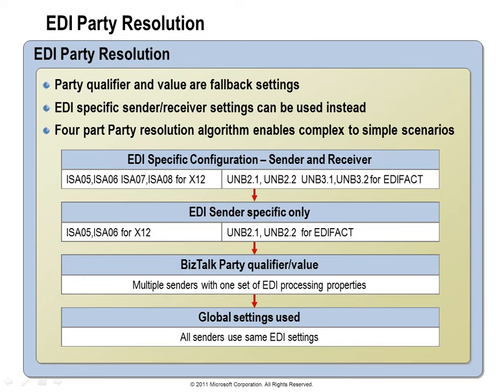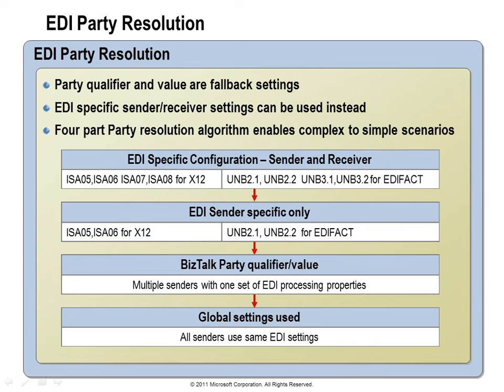So it's going to try and look at, for those different exchanges, either the ISA segments or the UNB 2 and 3 segments here, to go and look at that sender and receiver information. If it can't find a match for both, then it may go and just look for the sender specific information only. So if we're receiving messages in and it can figure out who the sending partner is, we've got the ability to identify on our parties and our profiles what the kind of home profile is, or the in-house profile.